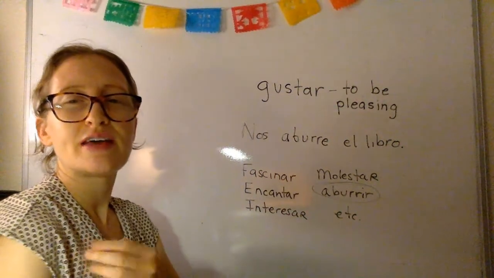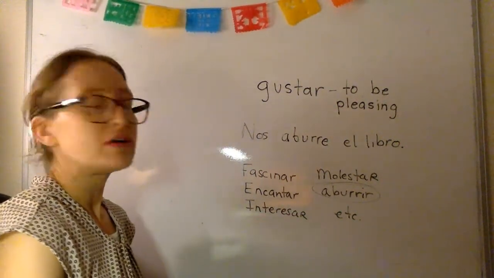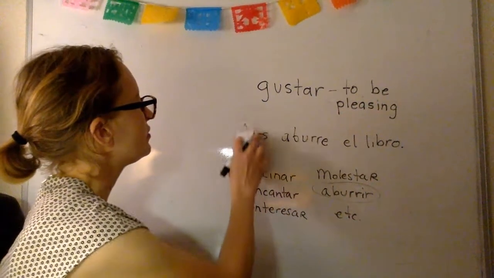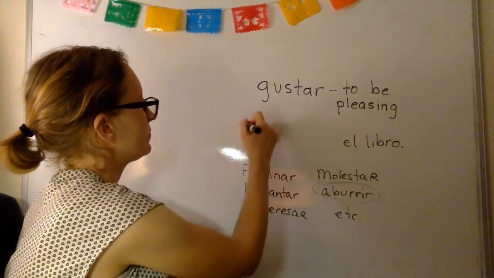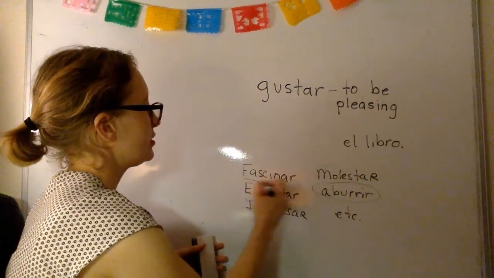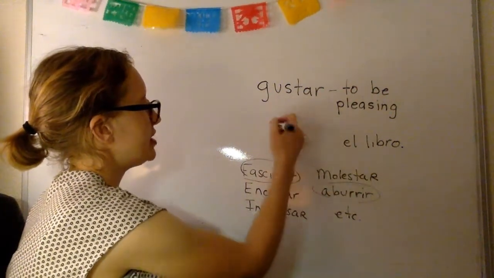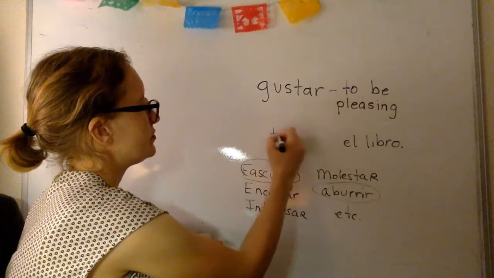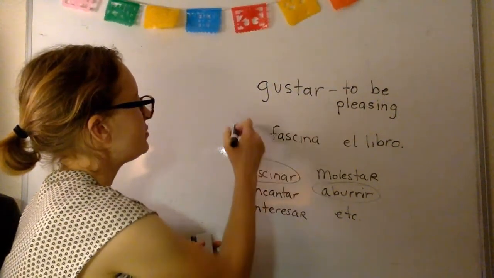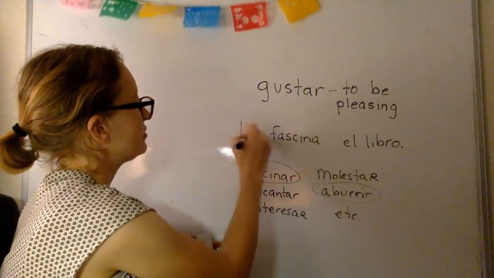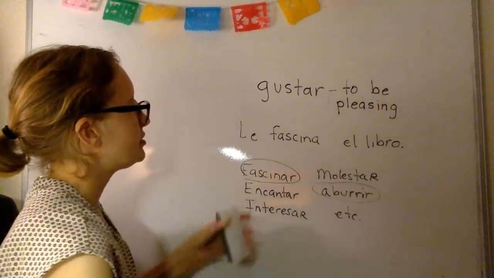Let's say you wanted to say, the book is fascinating to her. We need fascinar. The book is fascinating. Fascina. And then here we have le. Le fascina el libro.